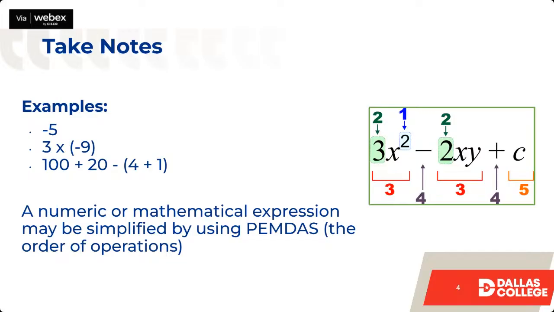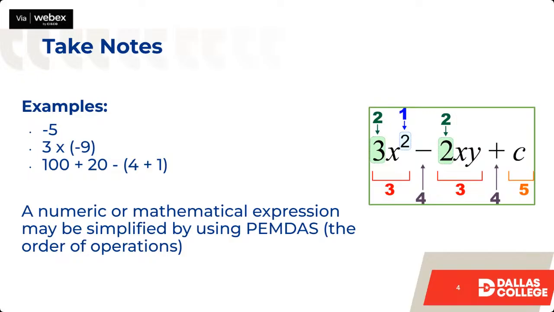If you do not know anything about PEMDAS, please go back to Module 1 and watch that lecture, because if you don't understand the order of operations, anything we do after that is going to be confusing, okay? Hopefully everybody in here understands parentheses, exponents, multiplication, division, addition, and subtraction. Follow those in the order of operations.